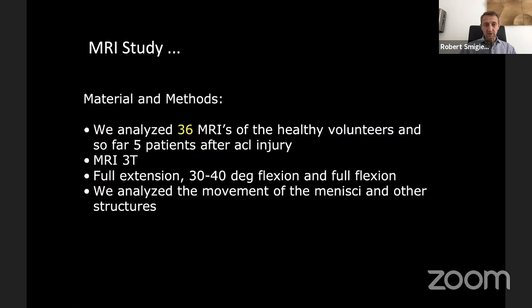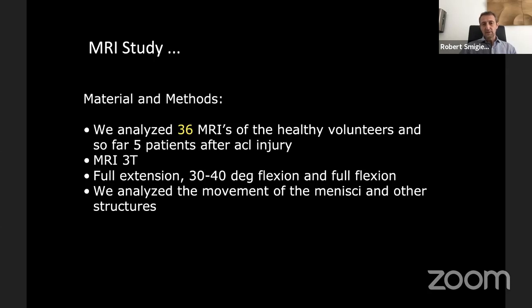Let's go to the lateral meniscus. We did this study. We asked 36 volunteers. We did 3 different MRIs in 3 Tesla MRI at different flexion angles: full extension, 30-40 degree flexion, and full flexion. Why only 3?